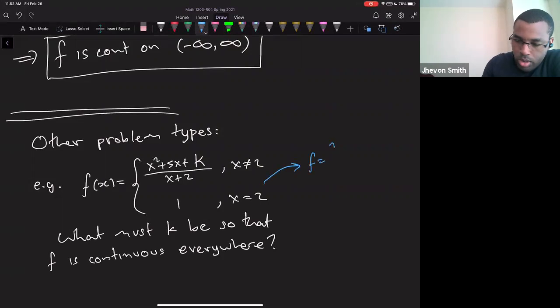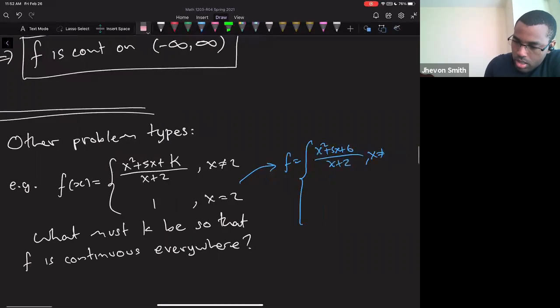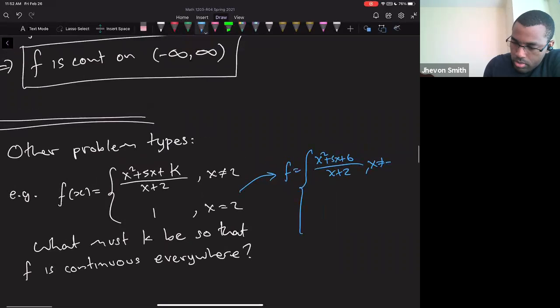I could say the f was x squared plus 5x plus 6 over x plus 2 if x is not -2, and it could be 1 if x is -2.